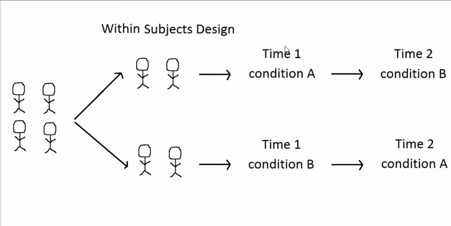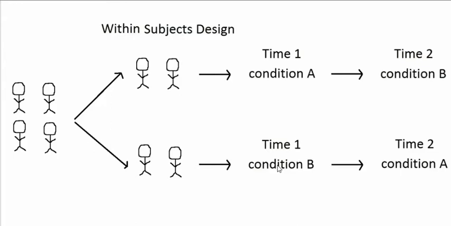So in my shoe example, this first group of two people would run with shoe A at time 1 and run with shoe B at time 2. And the other group of two people down here would run with shoe B at time 1 and shoe A at time 2. So here, like I said, in a within subjects design, there's random assignment to orders of conditions.